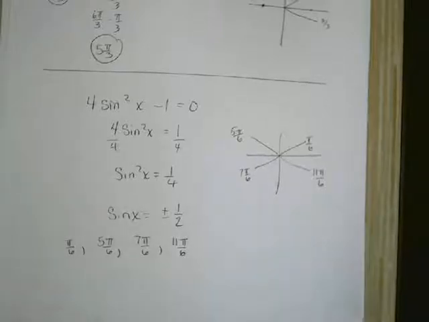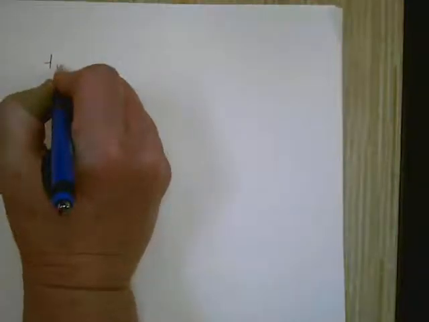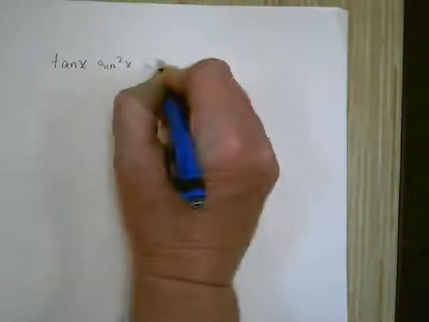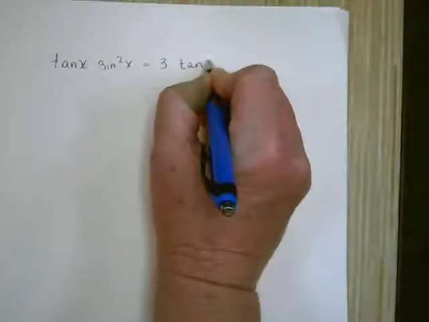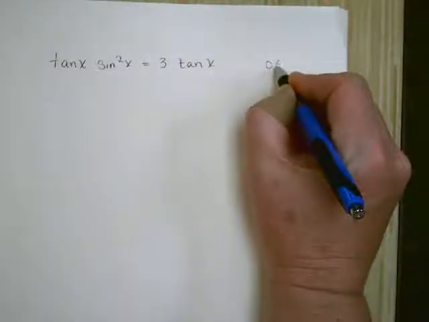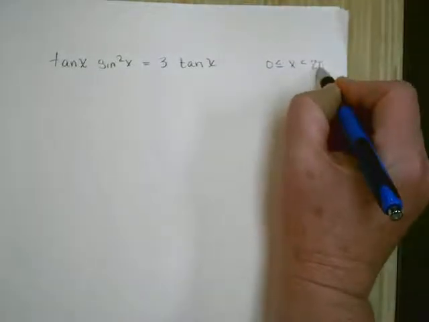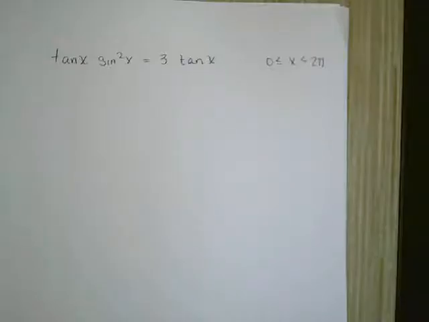Okay, there's one more type I want to show you on this video, and it is tan x times sine squared x equals 3 times the tangent of x. And we are in the interval from 0 to 2 pi. Solve this equation. Well, what we need to do is we need to move everything to one side.